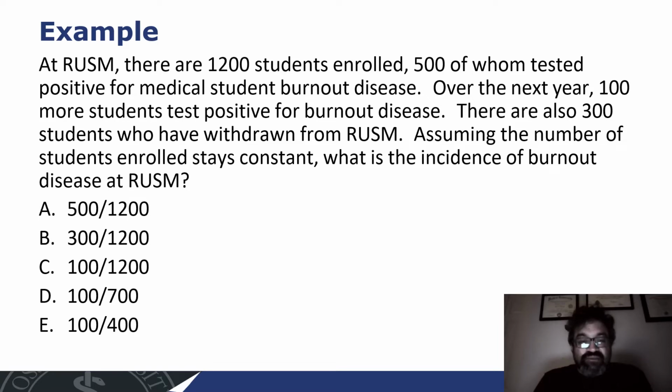Assuming the number of students enrolled stays constant, what is the incidence of burnout disease at RUSM? So again, incidence is new cases. So when we're looking at new cases, there are 300 students who have withdrawn, and then over the next year, 100 more students test positive for burnout disease.